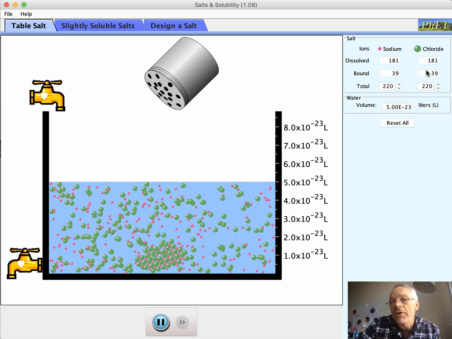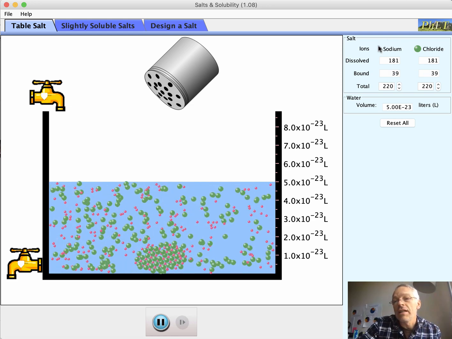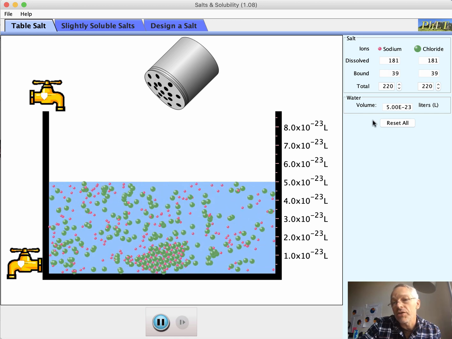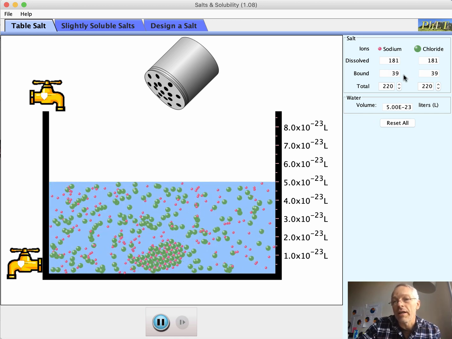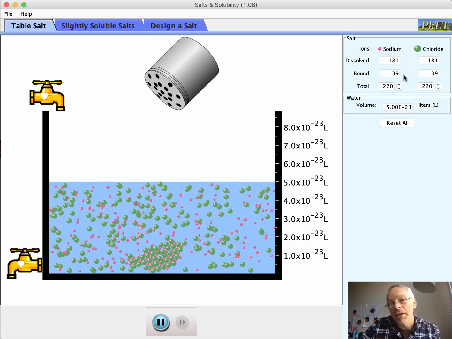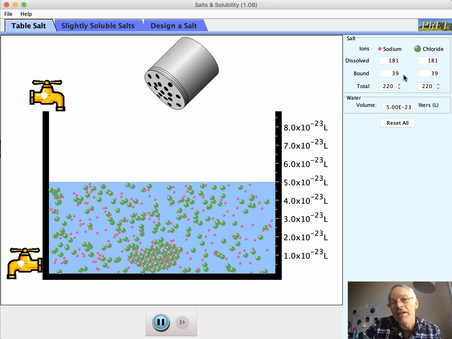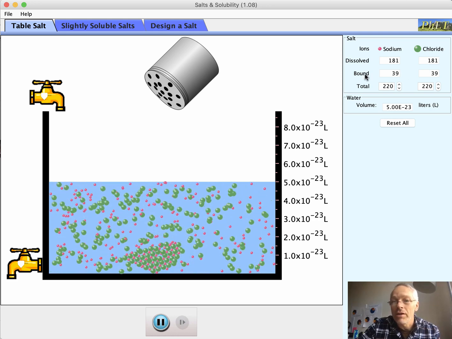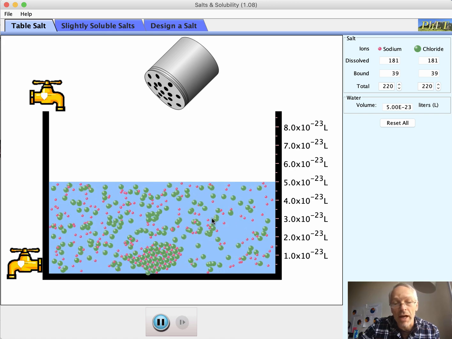And if you look up here in the top right corner, you see that the numbers of dissolved ions and the numbers of bound ions in this crystal are fluctuating a little bit, but they're always right around that 180, 181 for the dissolved, 38 or so for the bound ions.